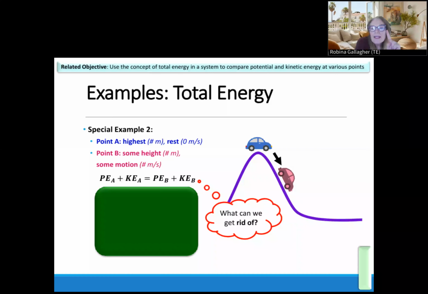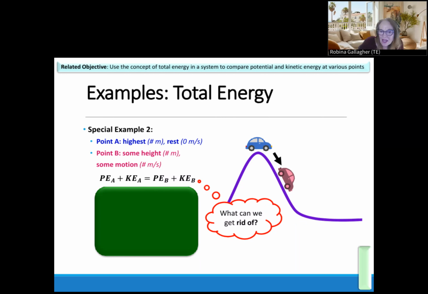Now, here's the question. If it's halfway down the hill, does it have kinetic energy? Yes or no? It's halfway. Yeah, Pacifico. It's moving. And if it's moving, it has kinetic energy.